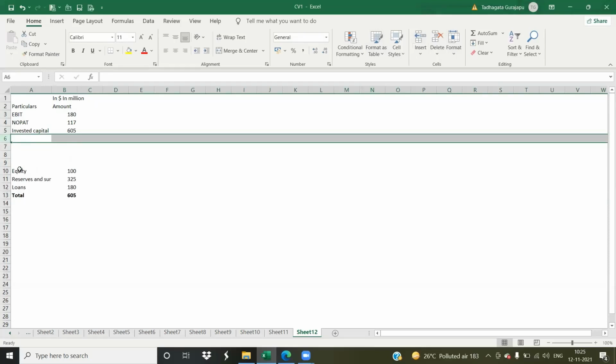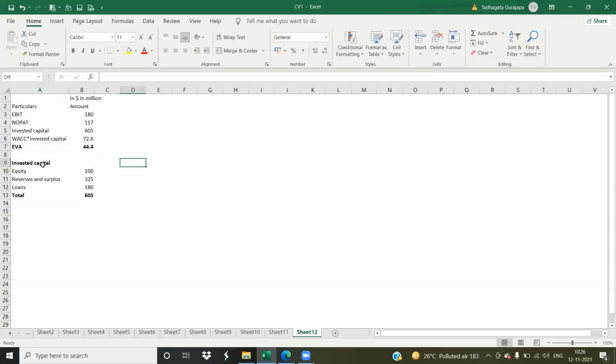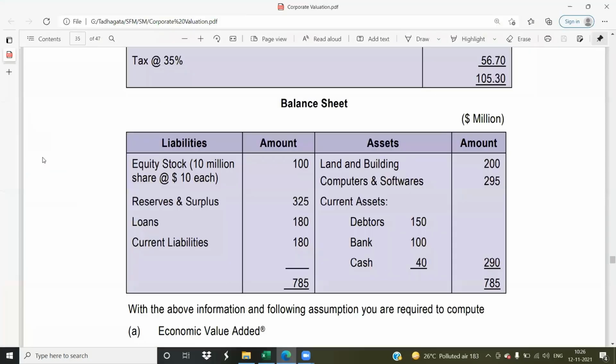Okay. So let us just treat this as a working note. Invested capital. Okay. So now WACC into invested capital, that is invested capital into 0.12, right? So what is EVA? EVA is nothing but NOPAT minus WACC into invested capital. Right? That is your EVA. Then what is MVA?